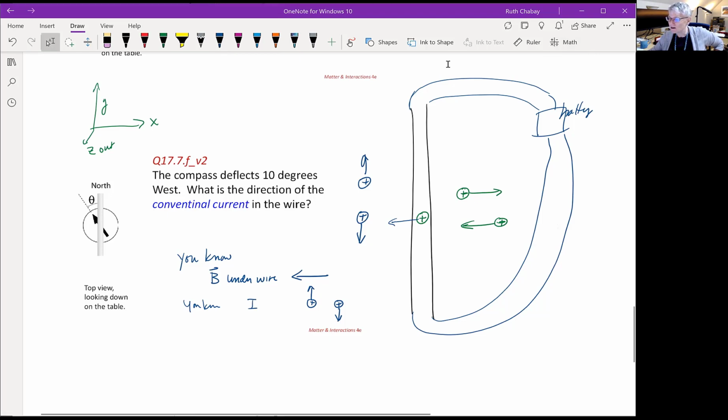What's the direction of the conventional current in the wire, where our coordinate system is shown? Okay, let's try this again. Now, to get this right, you have to think about where the observation location actually is, because you're going to use the right-hand rule. So the key to getting this right is thinking about where the observation location actually is.